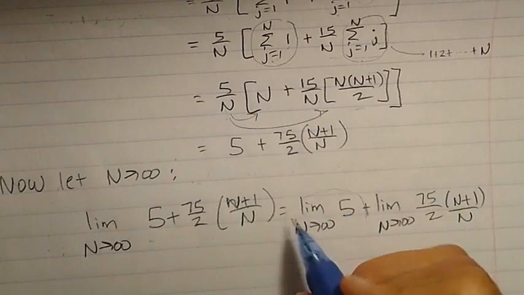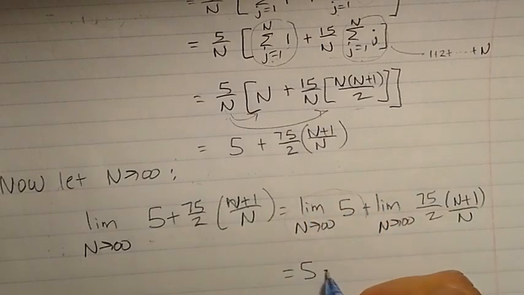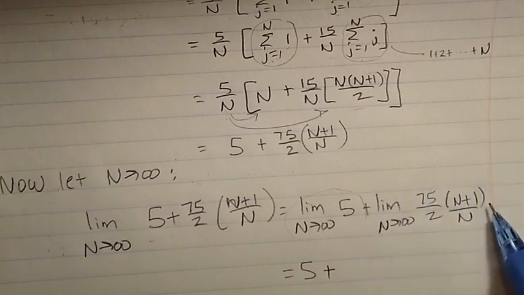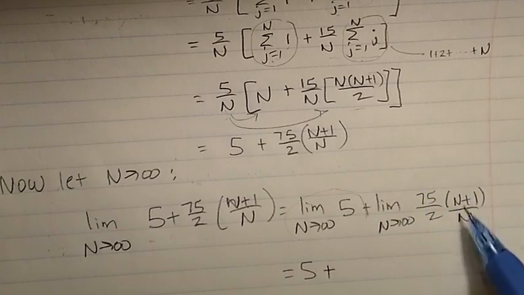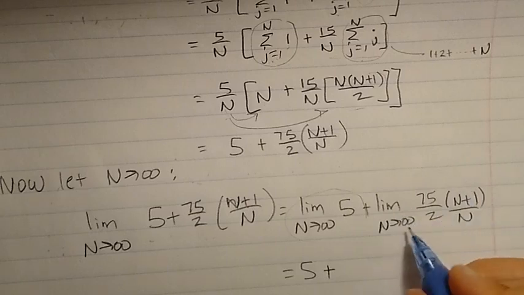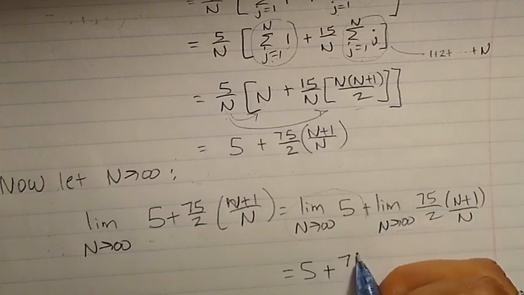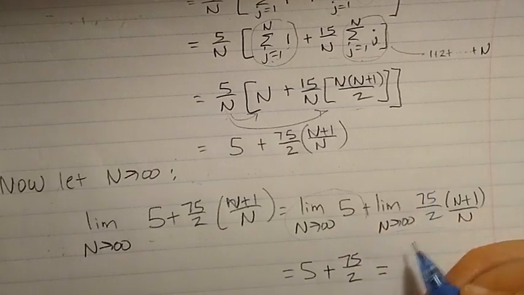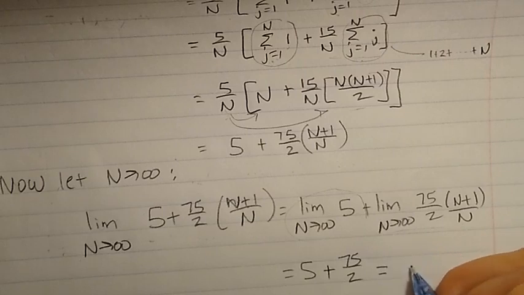And this first limit is just 5. For this limit, you can use L'Hopital's rule, or you can just recognize I've got linear over linear, and the leading coefficients are 1. That tends to 1. So this second limit is 75 over 2. And summing that up, I think I get 42.5, because I believe this is 37.5 and 5 is 42.5.